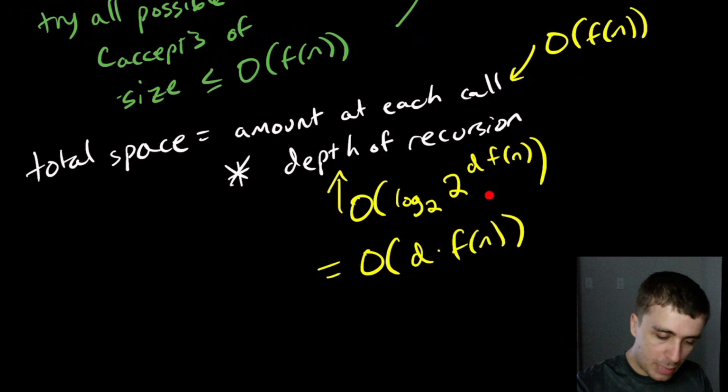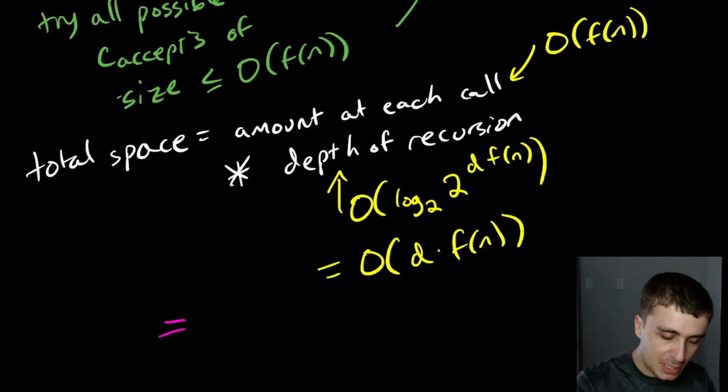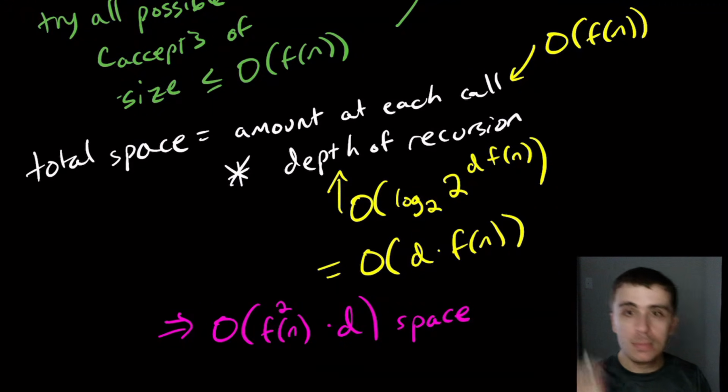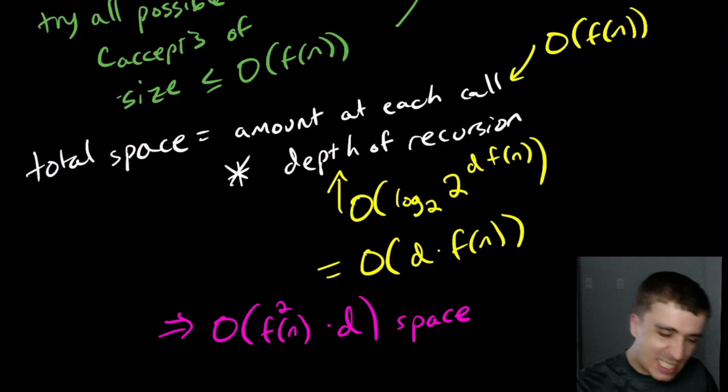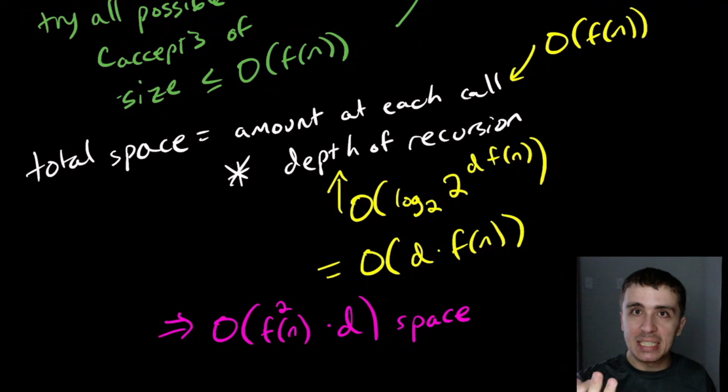And since now we need to multiply these together, we're going to get big O of f of n squared times d space. Okay, so now what? Well, what is this n here? n is the size of the input.